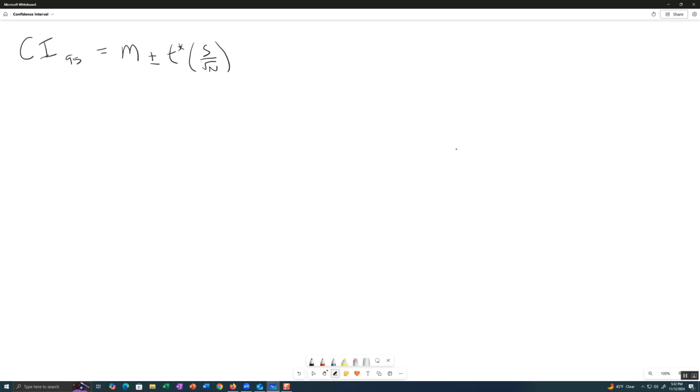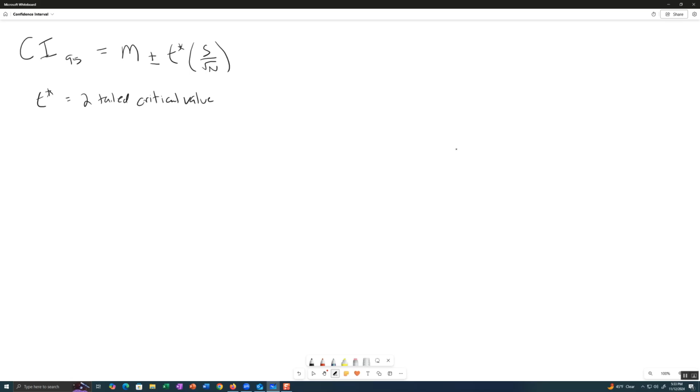So the t star is basically the two-tailed critical value. So t star is the two-tailed critical value at whatever the confidence interval is.